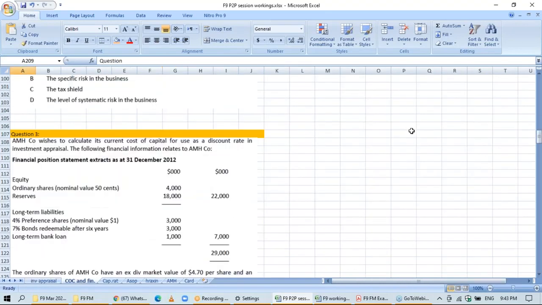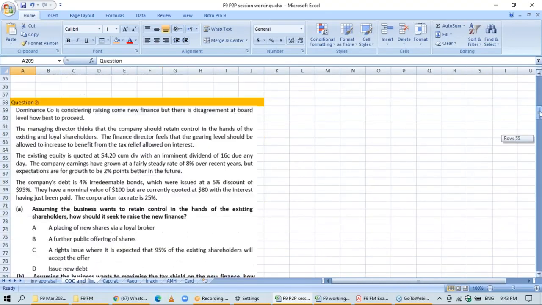Okay, students, let's move on to the cost of capital work now.